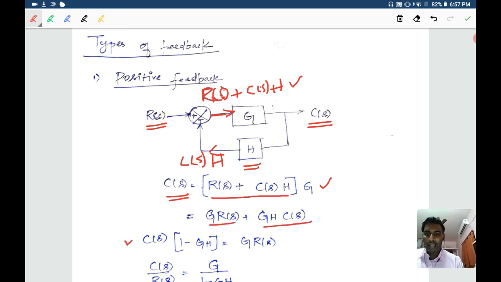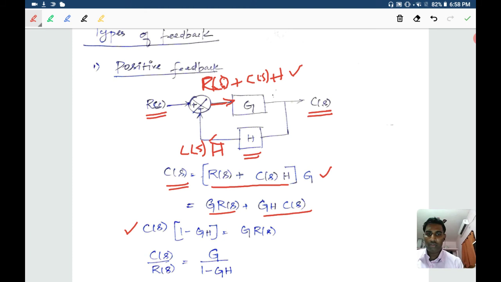Taking all the c of s to one side, c of s into 1 minus GH is equal to G into r of s. We need c of s by r of s, which is nothing but the transfer function of the system, given by G divided by 1 minus GH. So this is the transfer function of a positive feedback system.